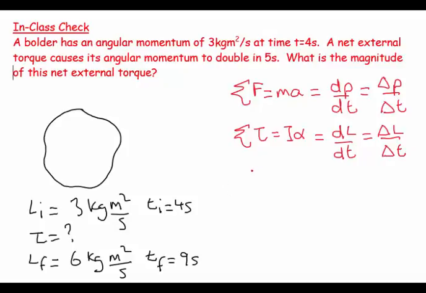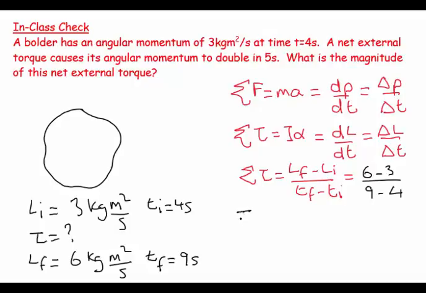So then I can say the sum of the torques equals L final minus L initial over t final minus t initial, which equals, let's put some numbers in. L final is 6 minus L initial is 3, over t final is 9 minus t initial is 4.